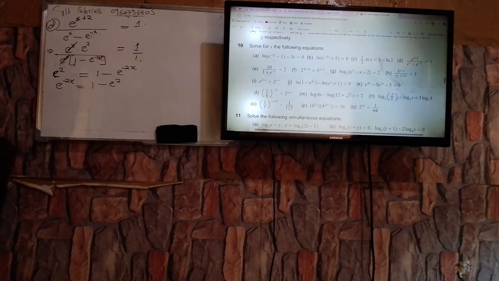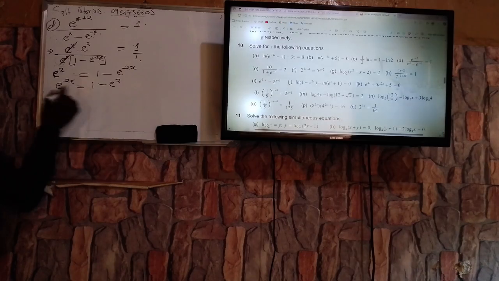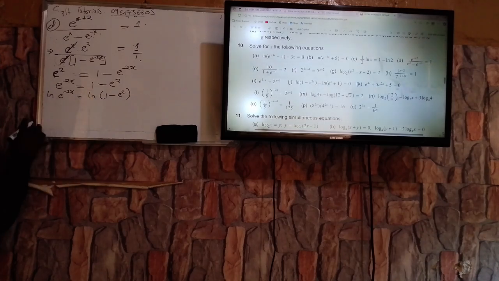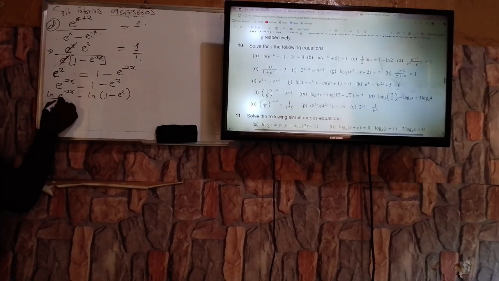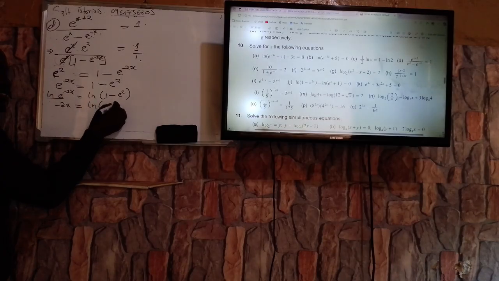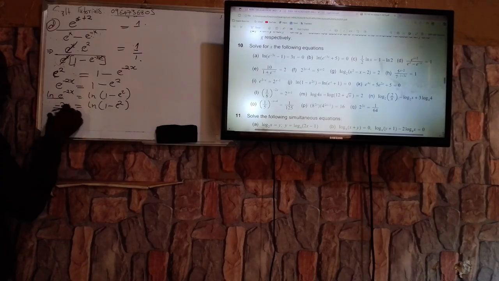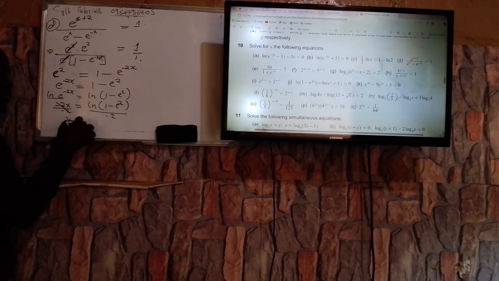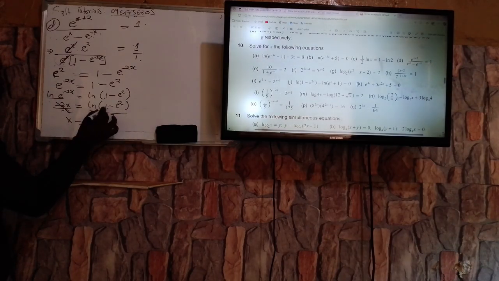If I do the natural log on both sides, I'm going to have the natural log of e power negative 2x equals the natural log of 1 minus e squared. So this drops down because natural log of e is 1. I'm going to have negative 2x equal to the natural log of 1 minus e squared, over negative 2, and the value of x becomes the natural log of 1 minus e squared over negative 2.